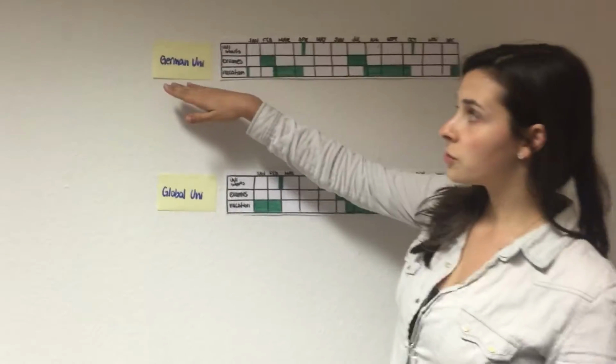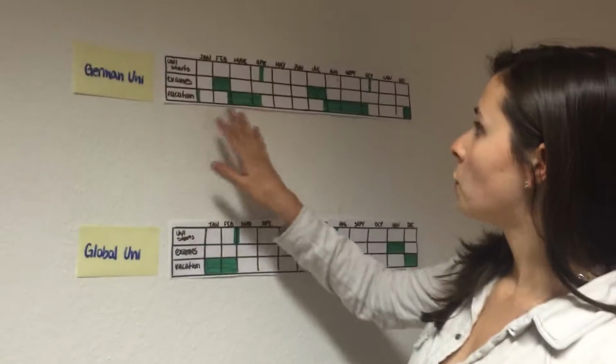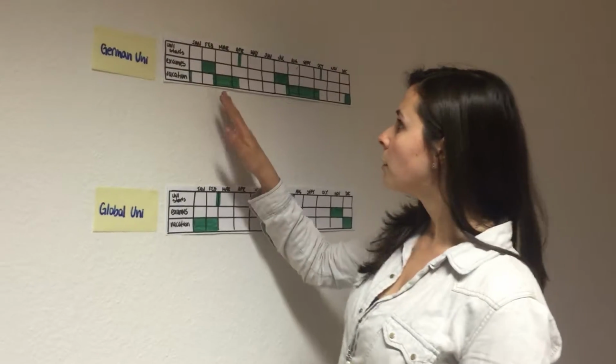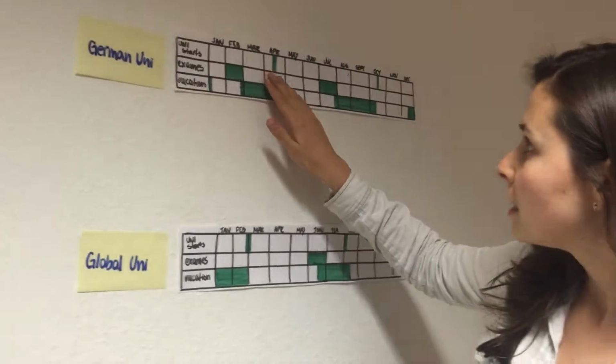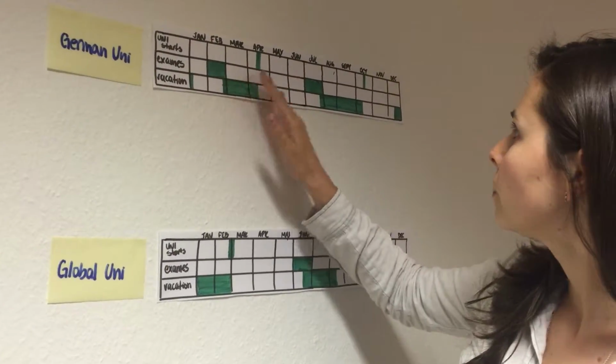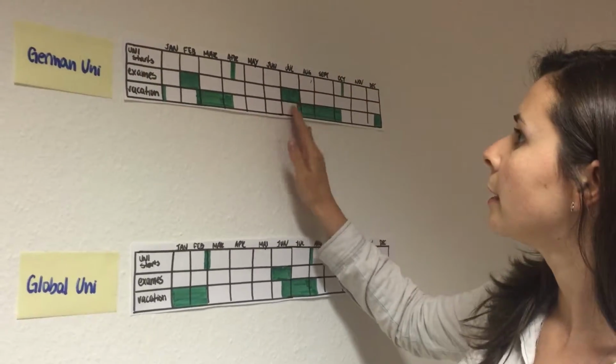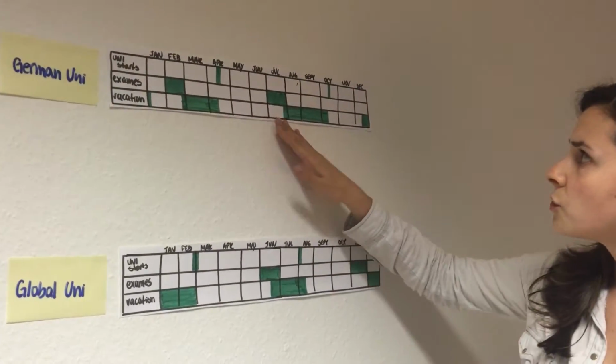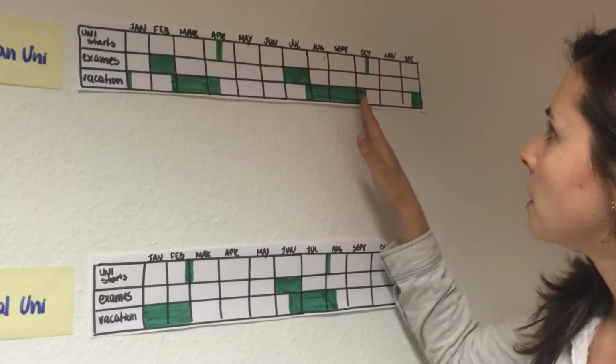Here we have the German University timeline. This is an average based on research and talking also with MC Pips about how universities usually go. I know that we have technical universities in specific cases, but we should not go into specifics. In general, university starts in April, then we have exams in July, and then vacation goes from July until September, October.